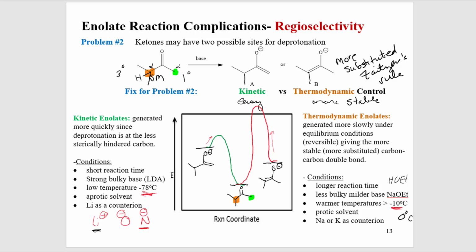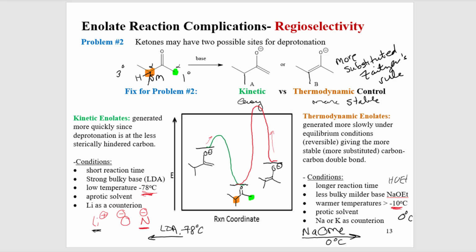So you're going to see a trend. If I want to favor the thermodynamic product over the arrow, you'll see things like this. Sodium ethoxide, 0 degrees Celsius. If I want to favor kinetic, you're going to see me write this. LDA, -78 degrees.